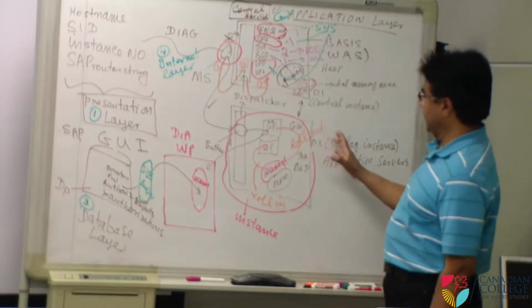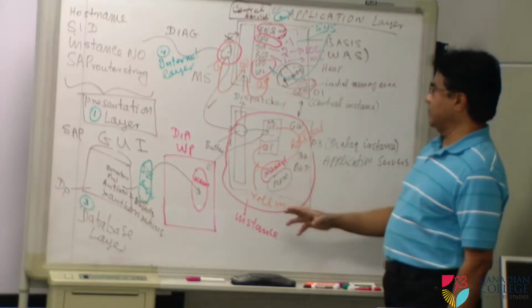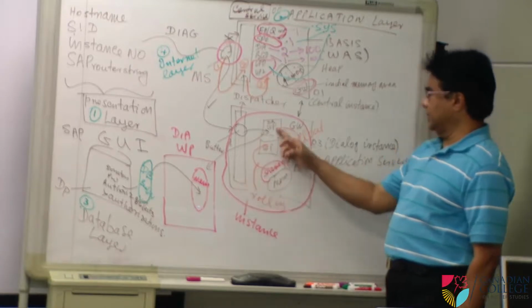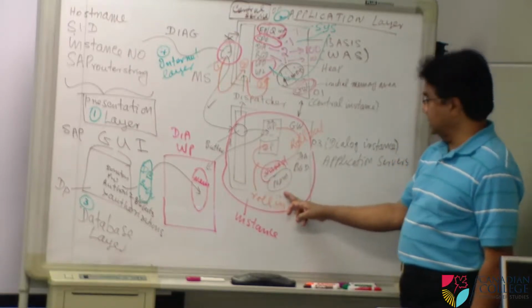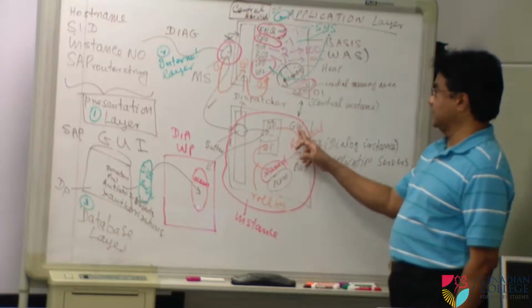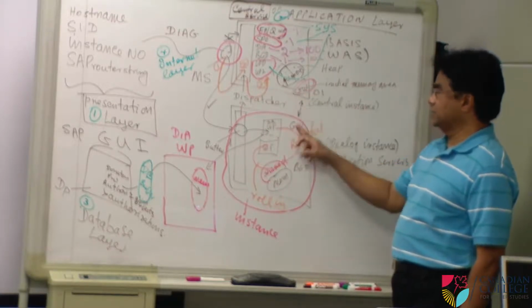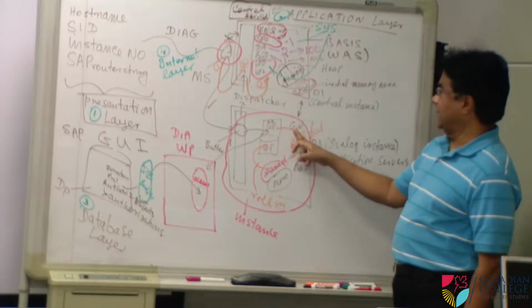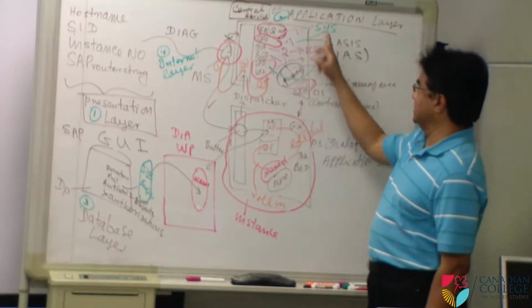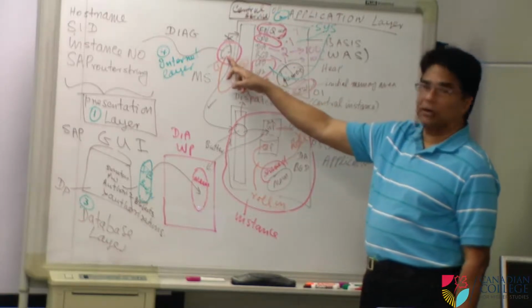Also, I said an instance is made up of dispatcher, work process, memory, and also it is made up of gateway service, which will help instances talk to each other. Right? And when I take the central instance, it has something called message service.